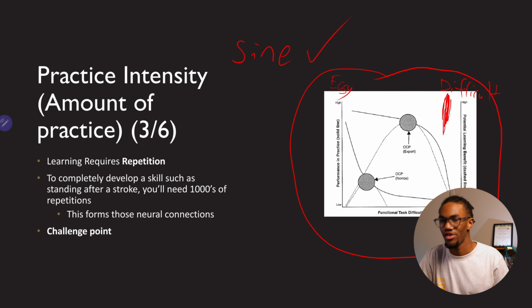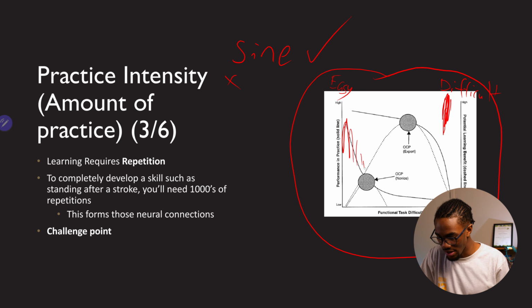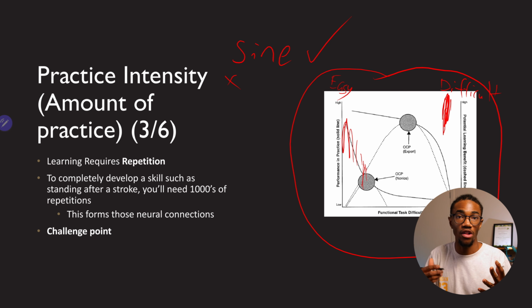So you need to be doing questions up here. If you're a beginner at something, so let's say you're not very good at sine rule, you want to be doing questions that are a bit easier, right? That still challenge you, right? But that can help you lay those foundations. So you need to be working around here. Right? Something that challenges you, but still gives you the ability to get it right. Okay, let's move on.